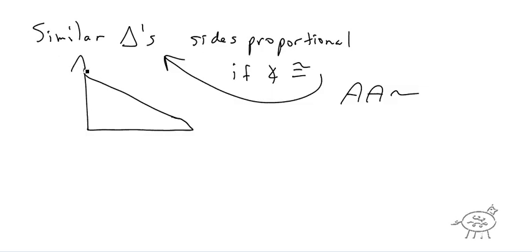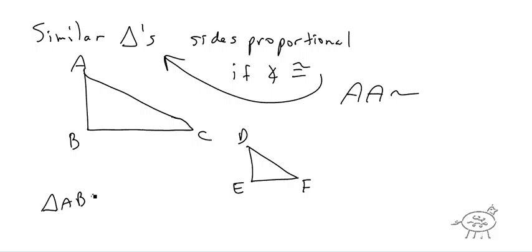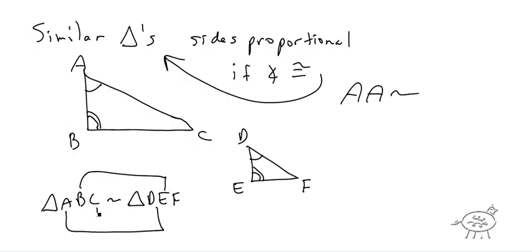So if I give you triangle ABC and triangle DEF, in order to make triangle ABC similar to triangle DEF, what you need to do is make these congruent, A and D, because remember that has to match up, and then B and E have to match up, and then C and F have to match up.